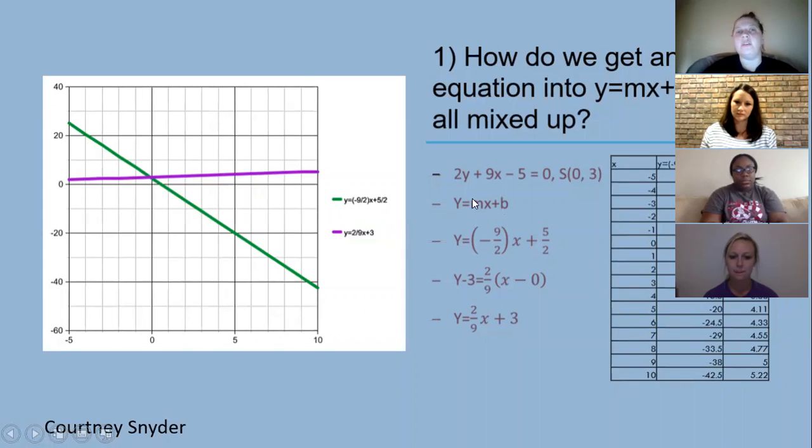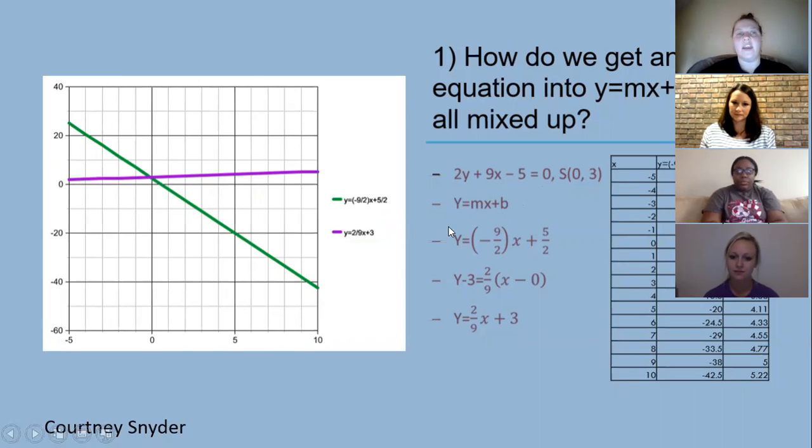So what we're going to do is we're just going to take this equation and we're going to solve for y. So we're going to subtract 5 from both sides, subtract 9x, and then divide it by 2. So that gives us y equals negative 9 over 2x plus 5 over 2. And that's what gets us into the y equals mx plus b.